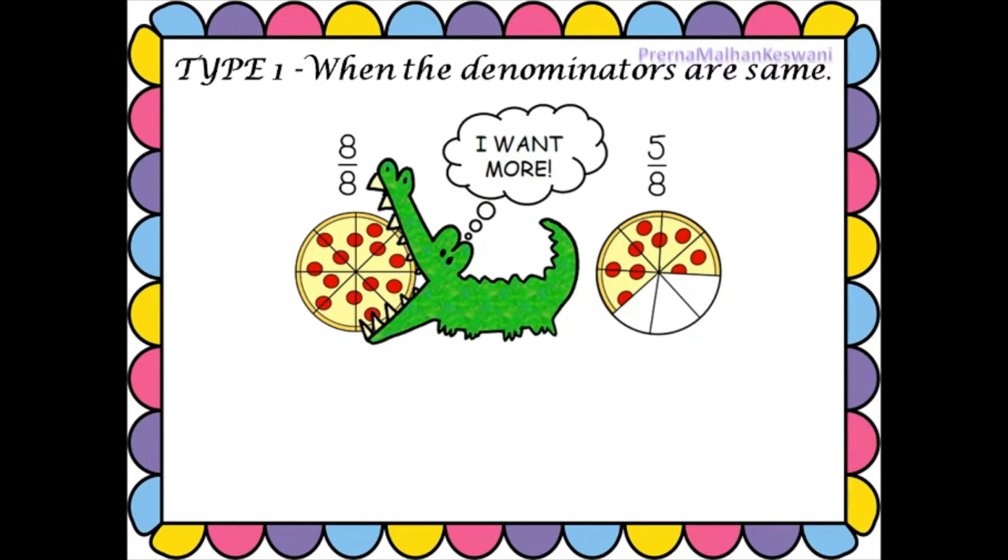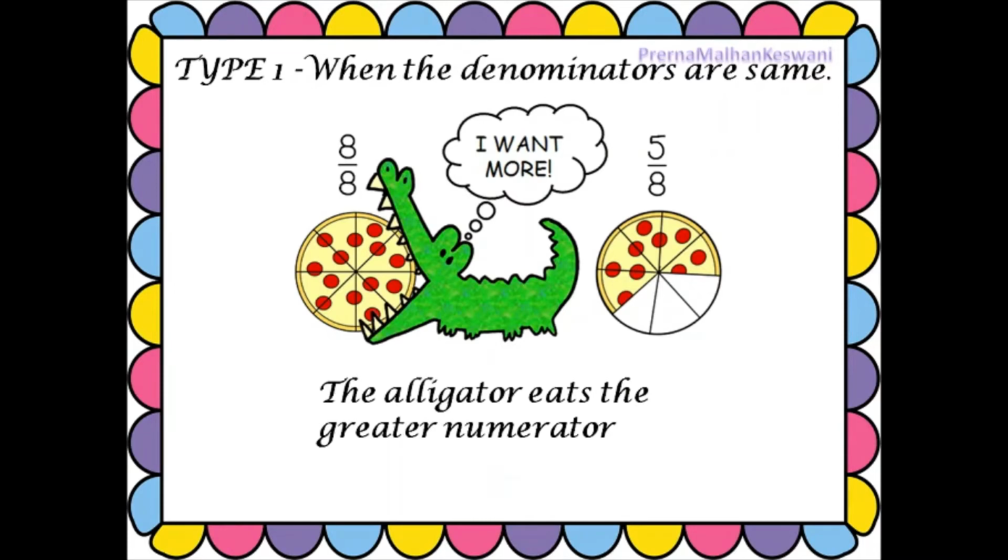So, the alligator would always eat the bigger part. Yes, so when the denominators are same, the alligator eats the greater numerator. In short, kids, you have to check the numerators when the denominators are same. The biggest numerator will be eaten up by the alligator.